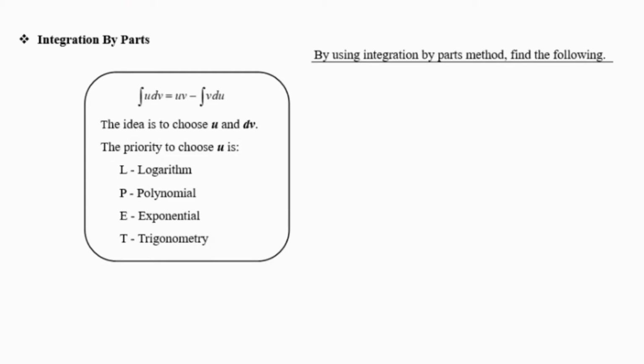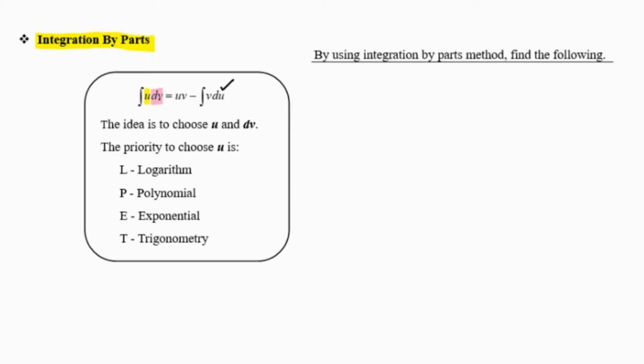Hi everyone, in this video we're going to discuss integration by parts. For integration by parts, we will express our integral into two parts, where the first part is u and the second part is dv. From the u part, we are going to differentiate in order to get du.